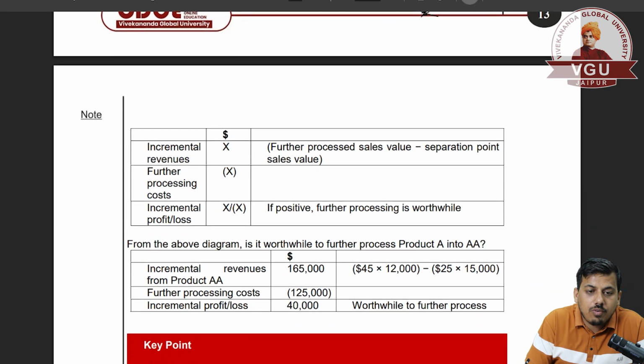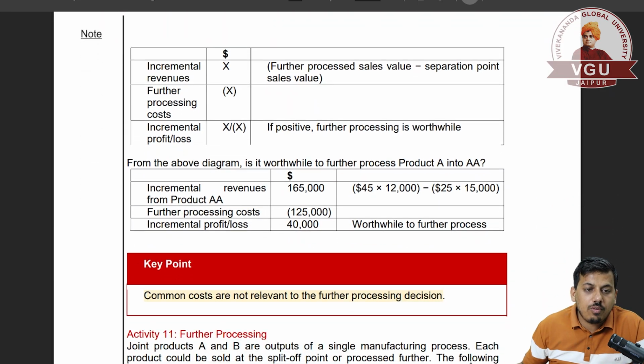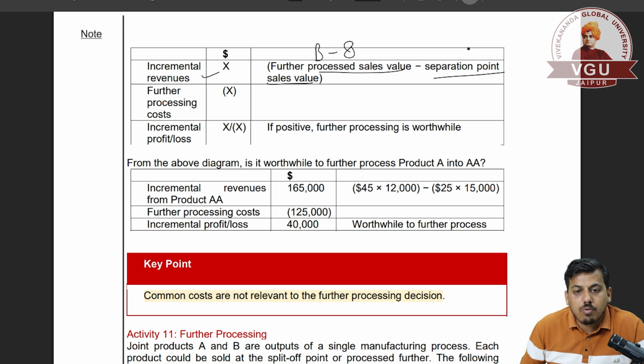For that, first of all, we will check the incremental revenue, that is, the further processing sales revenue. Suppose product B is sold further at $8 per unit, and at the separation point, before that, product B was sold at $5. So this is the difference, that is $3.